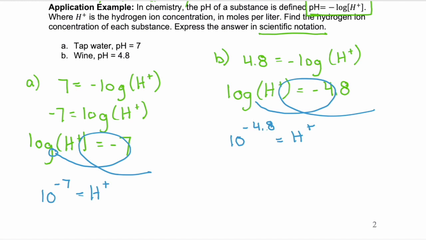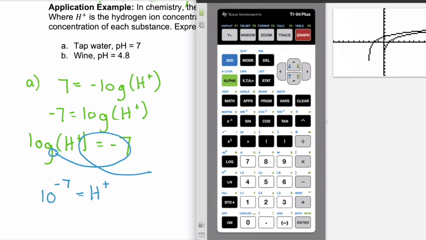Now, this is not scientific notation because scientific notation doesn't have a decimal for an exponent. So what we want to do is come to our calculator and calculate what is 10 to the negative, make sure you're using the negative symbol and not the minus, 4.8.